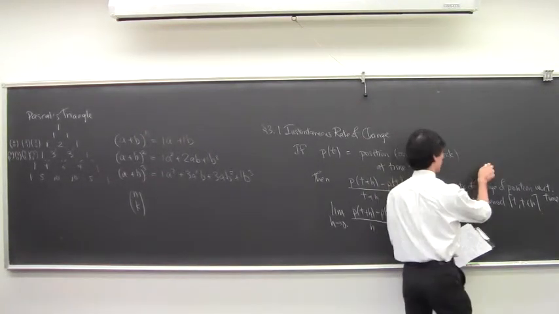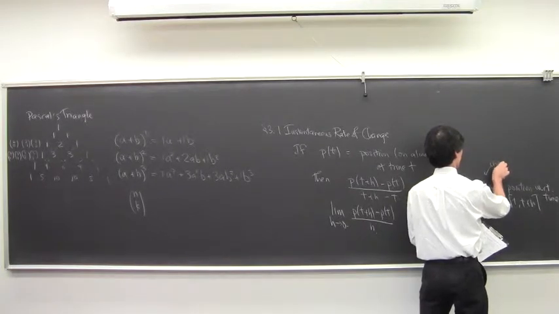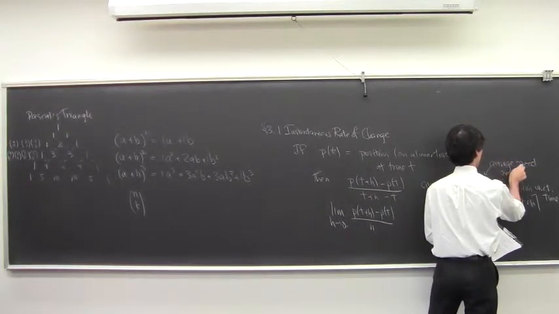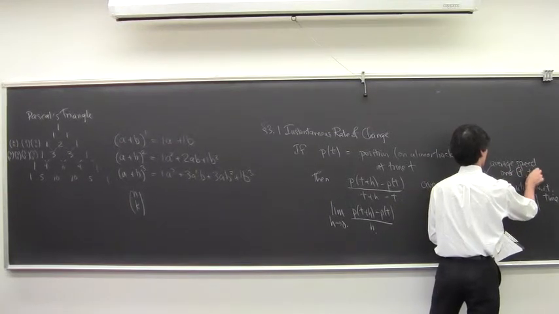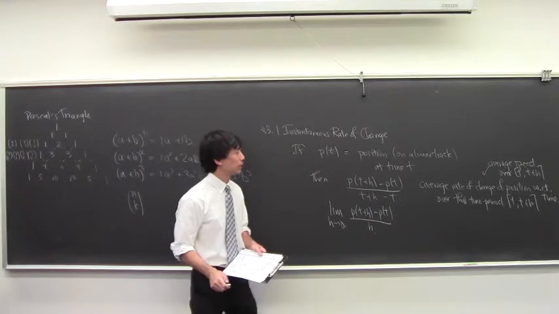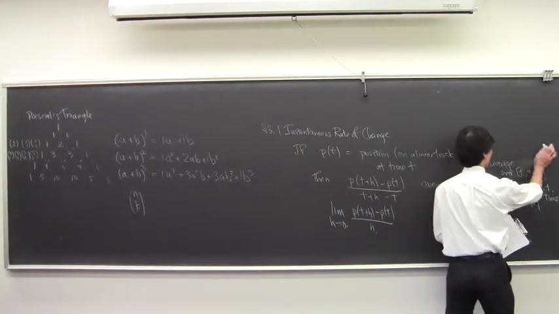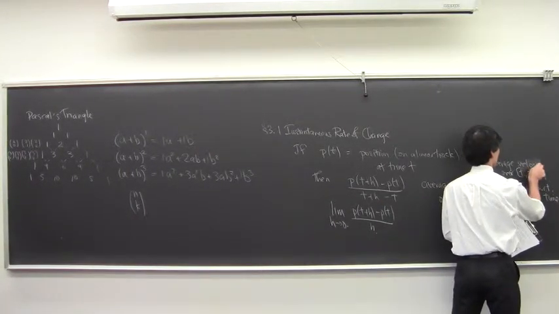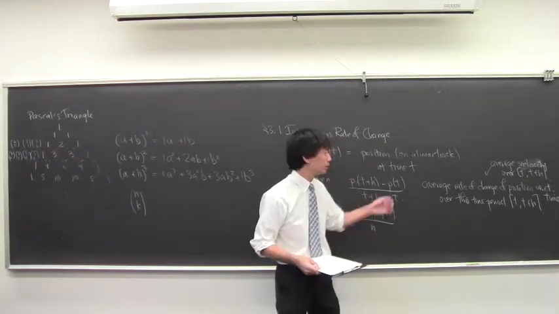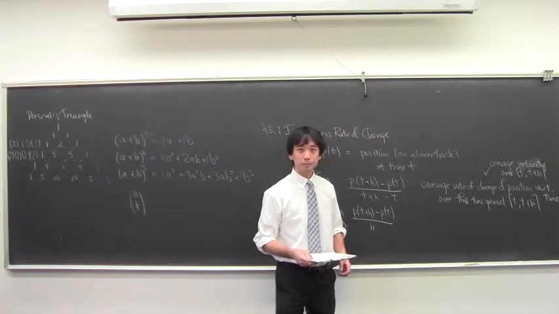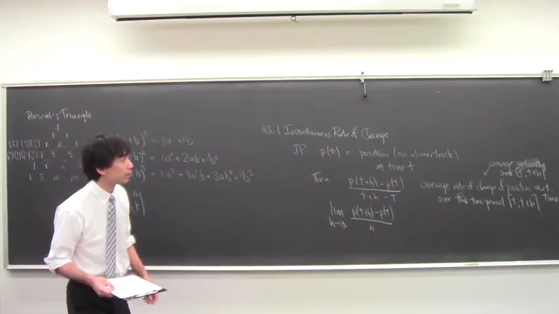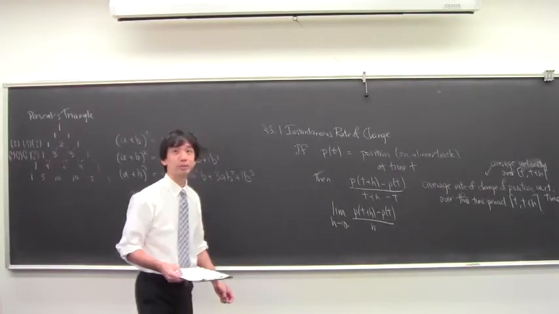So maybe the cleanest way to say this is average speed over t plus h. No, I should say average velocity, because speed is usually taken to be a positive number, and this could be a negative number. Time period, yeah, time period.